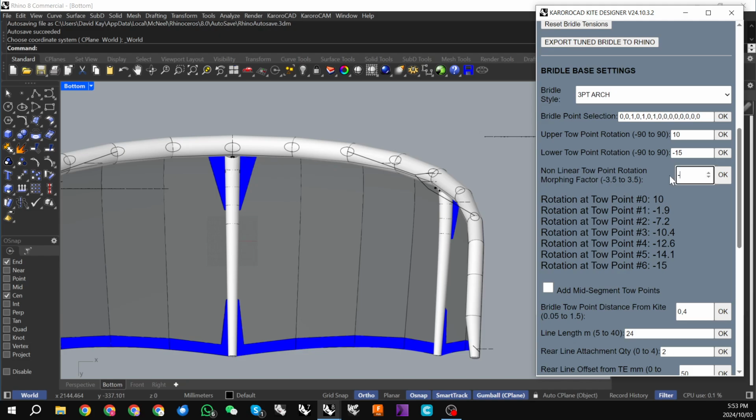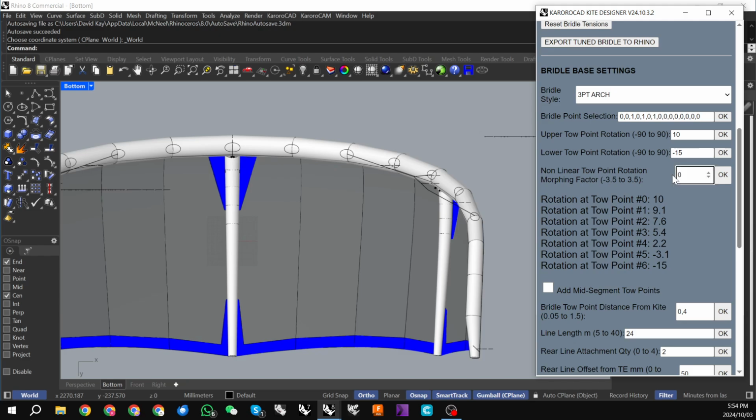If I was to put a -2 in there, this would be biased uphill, where the 10 degrees of the top toe point is very much dominant, with only the last 2 toe points actually moving in the negative direction.